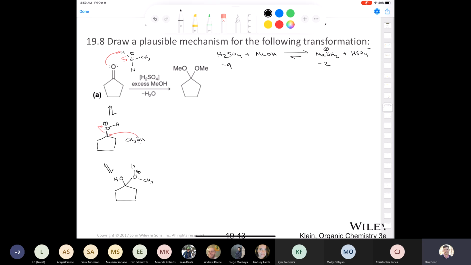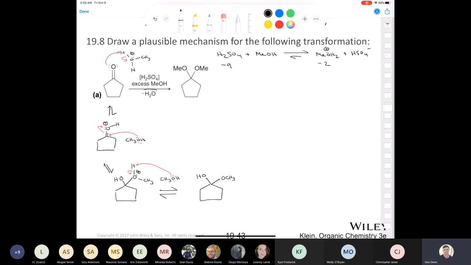Now we're going to have to do another proton transfer, and so another molecule of methanol is going to remove that proton from the oxonium. Now we're going to end up with what? Our hemiacetal. Let's draw it. The hemiacetal is going to look like this. We're going to have our hydroxyl here. We're going to have our OCH3.